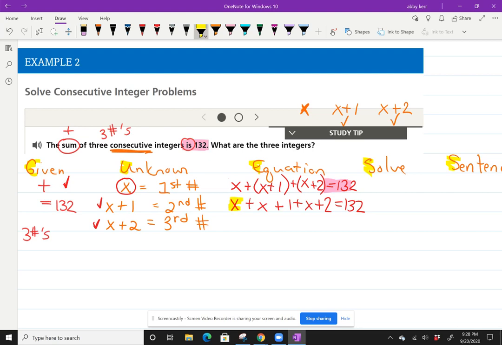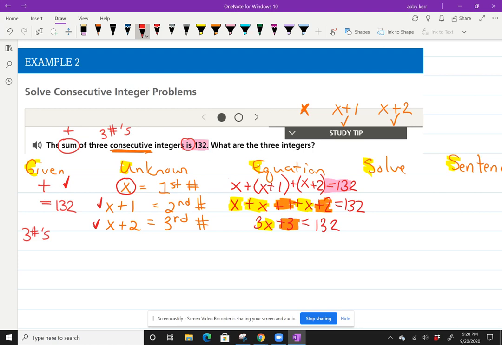We have 1x here, plus another x, plus another x. So total, we have 3 x's. Now we have just a number plus 1 and just a number plus 2. 1 plus 2 is plus 3. And then drop down the 132.